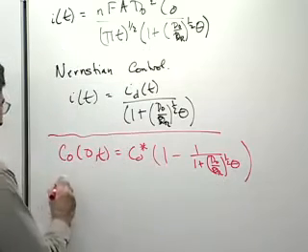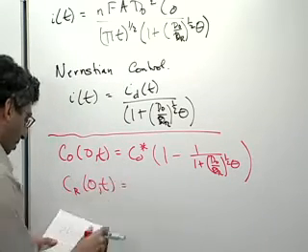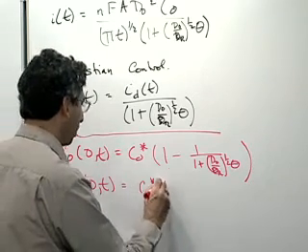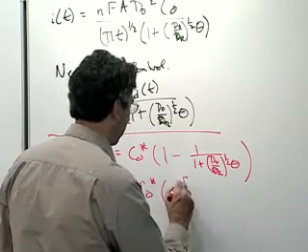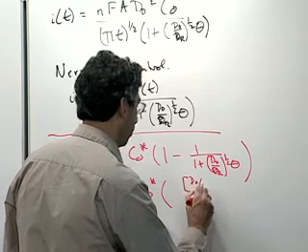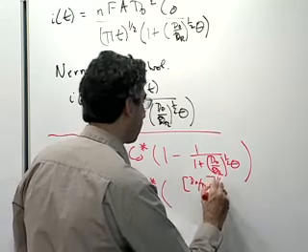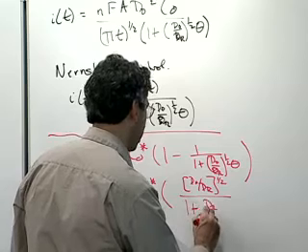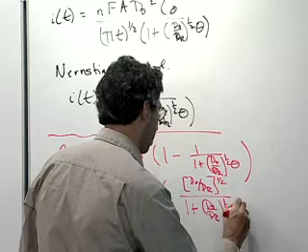And likewise, the reduced species at the electrode is equal to the bulk concentration of the oxidized species times the ratio of diffusion coefficients divided by this 1 plus D_ox over D_red to the 1/2 power theta.